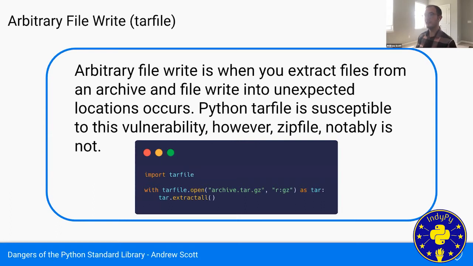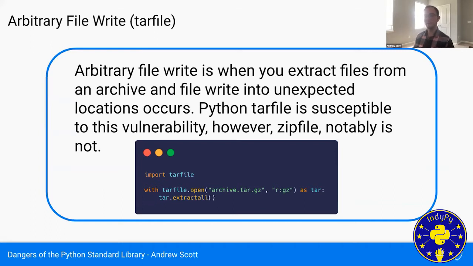All right, the next one is going to be affecting the tarfile package, and this is going to be an arbitrary file write vulnerability. Arbitrary file write is when you extract files from an archive and the file writes into an unexpected location. I'm sure we've all downloaded zip files, archives from the internet.